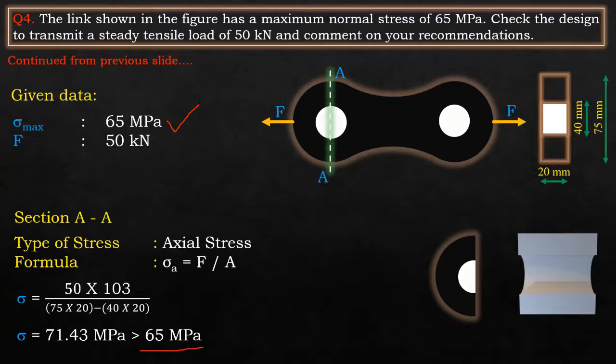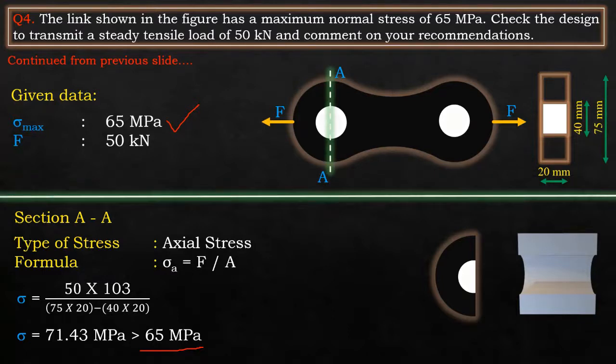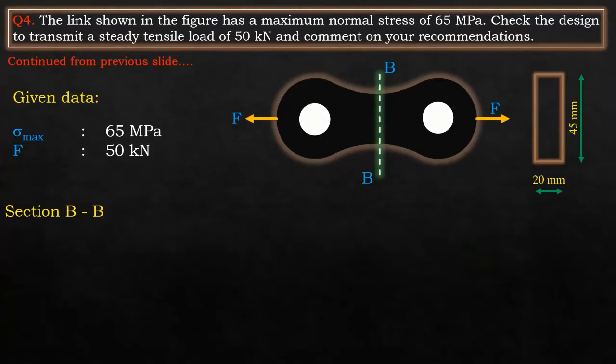Let us also check with section BB. This section is also subjected to axial tensile stress.